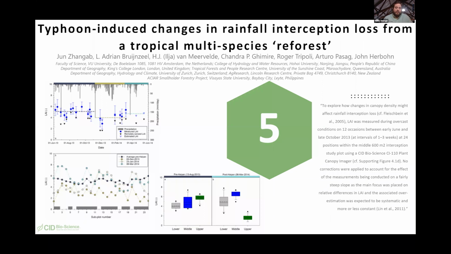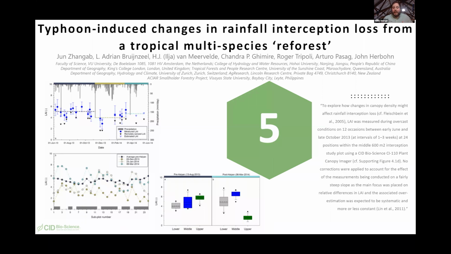Essentially what they looked at with the CI-110 was how the leaf area index of the plant canopy changed over those times, in the same areas where they were collecting the rainfall, or the throughfall of rain, through those canopies. And so these graphs just show the changes in the plant canopy size over the course of this investigation of this reforest.